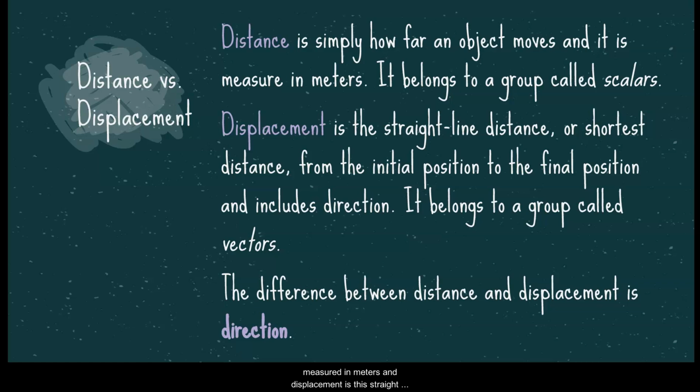Displacement is the straight line distance, or shortest distance, from the initial position to the final position, and includes direction. The difference between distance and displacement is direction. That's what should be written in box 3 of your doodle sheet on page 31. Go ahead and pause this video if you'd like to copy that into your workbook.